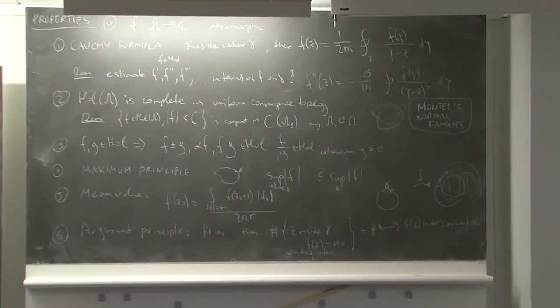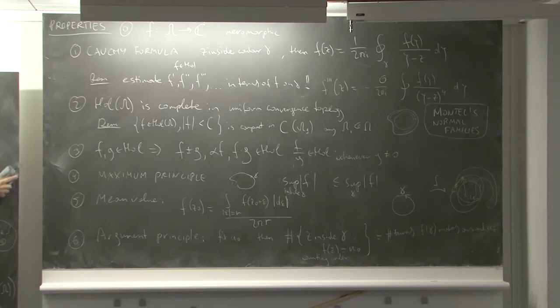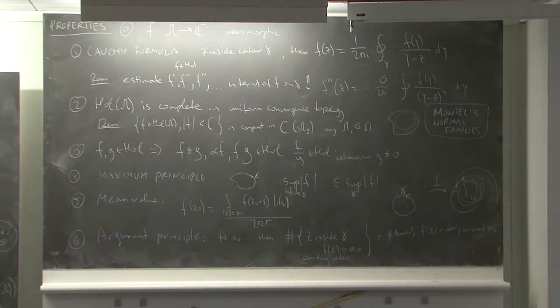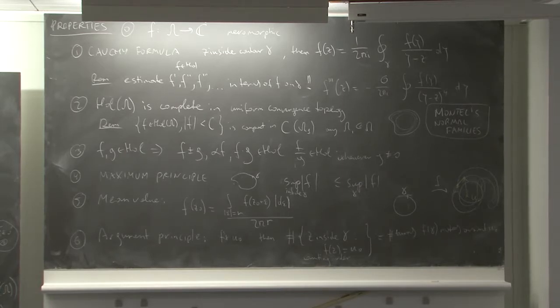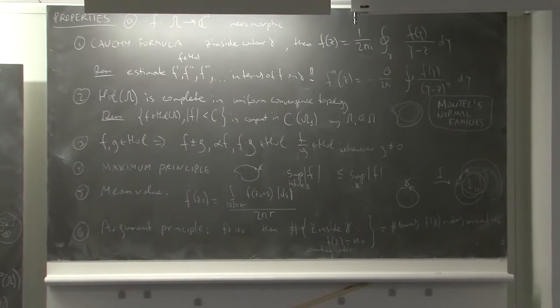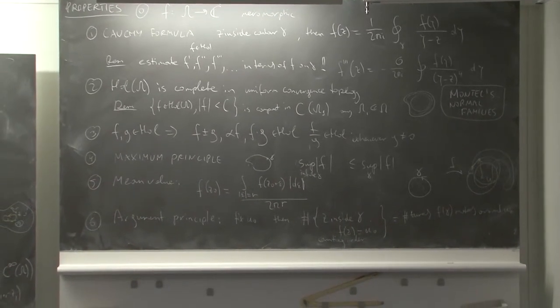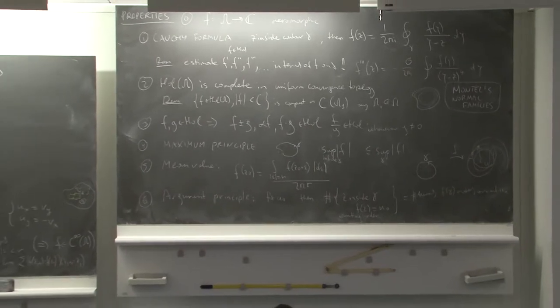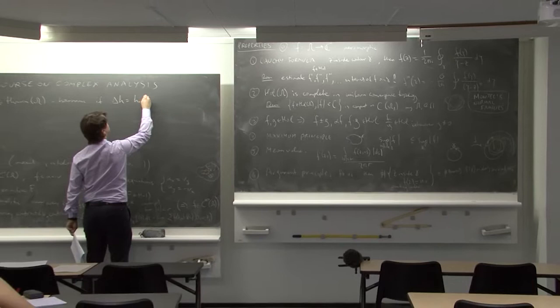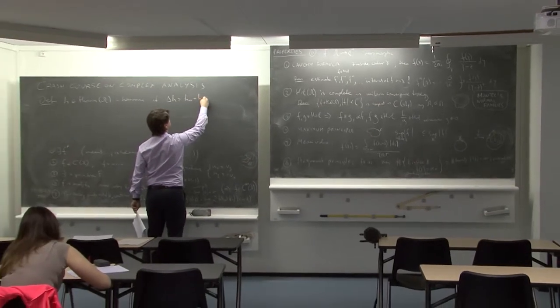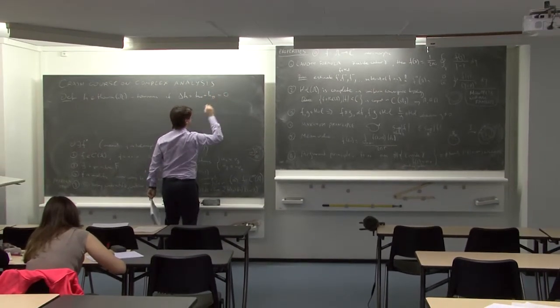Now they're intimately related with harmonic functions, and so we say, definition, that h is harmonic in omega if the Laplacian of h, which is the second derivative with respect to x plus the second derivative with respect to y, is equal to 0.